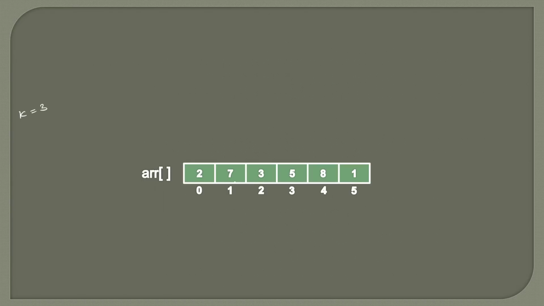Now here you can see one way to solve this problem is, let's say we take a for loop and inside that we take another for loop. The outer for loop, let's say it points to index 0, and the inner for loop will take 3 elements because the value of k is 3. So it takes 2, 7 and 3.